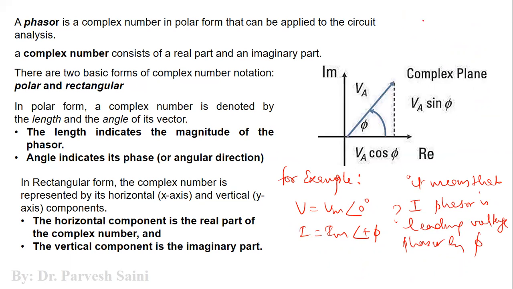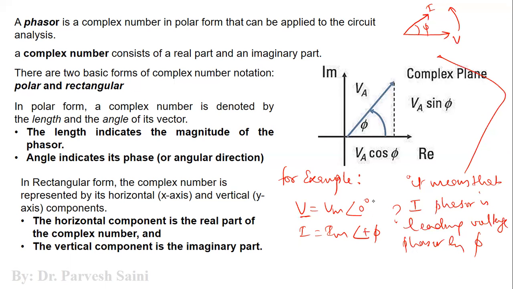So this will be shown like this here. Your voltage phasor, because it is a reference phasor, will be shown on the horizontal axis. So this is V, and your current phasor will be shown here. So current is leading here.